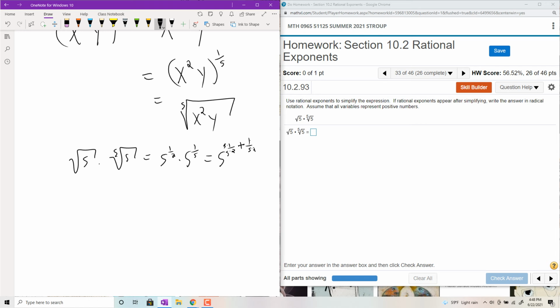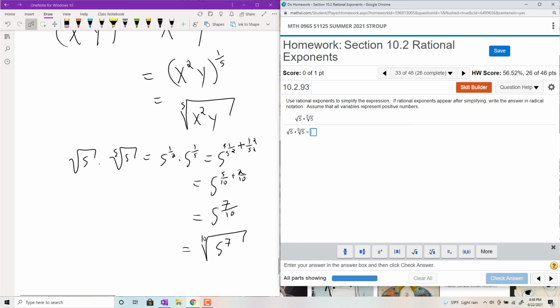Here by 2. So that'll be 5 to the 5/10 plus 2/10, which is 7/10. And then you could rewrite that as the 10th root of 5 to the 7. I don't know if they'll let you put it like that, but let's see.